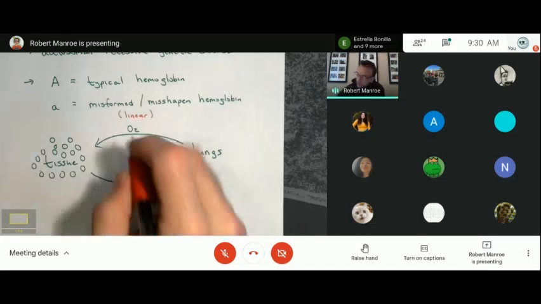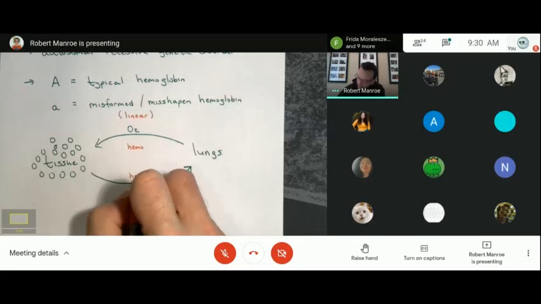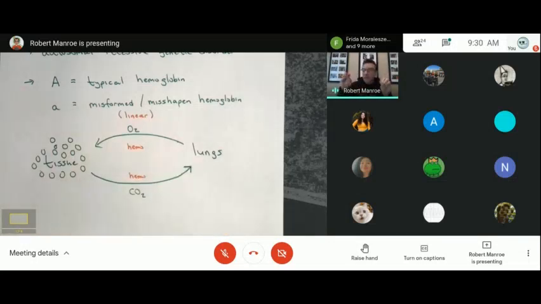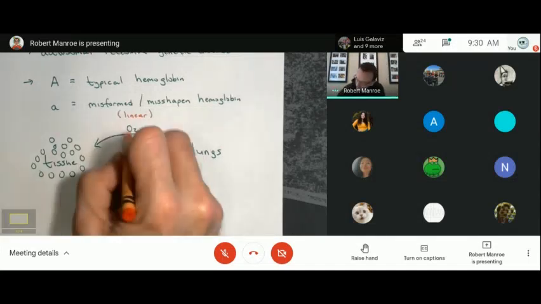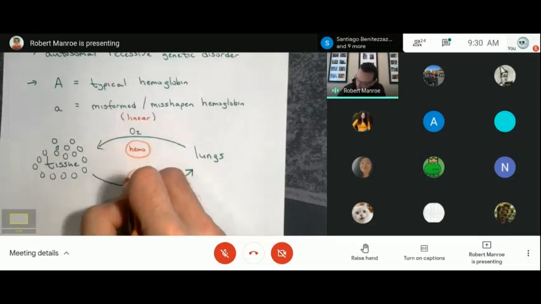Okay? You then have the protein, hemoglobin, which actually bonds to these individual gas molecules. But the hemoglobin is then carried inside of a cell. And it's a blood cell.